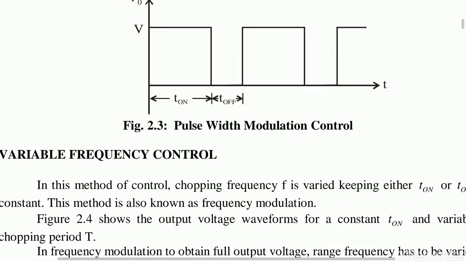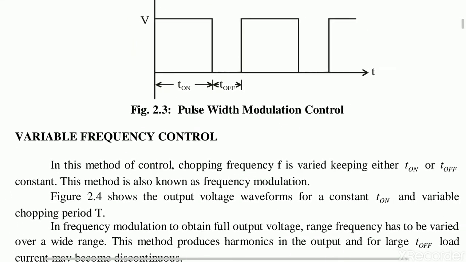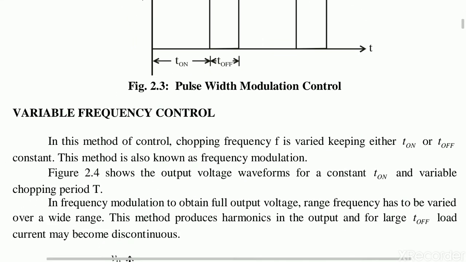So let's go for the second method, that is variable frequency control method. In this method, chopping frequency F is varied keeping either T on or T off constant. This method is also known as frequency modulation method.